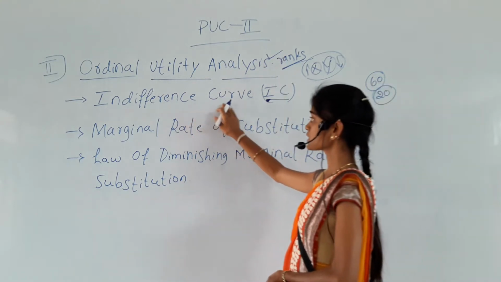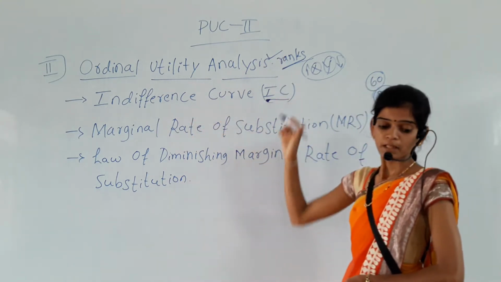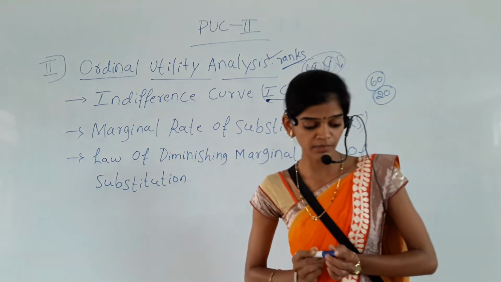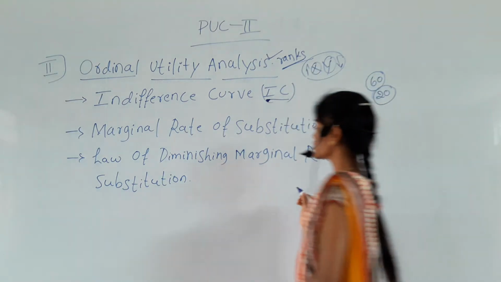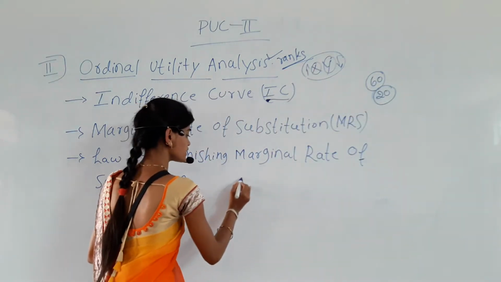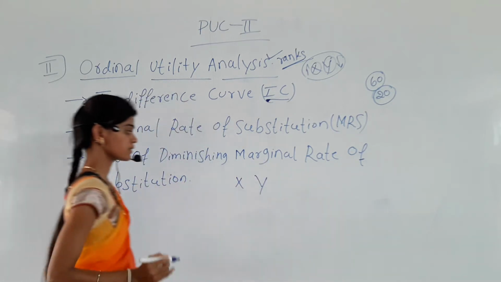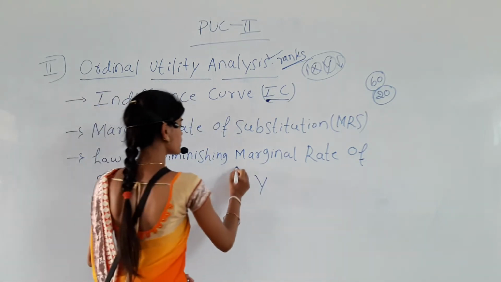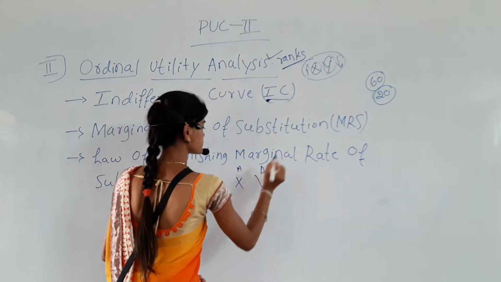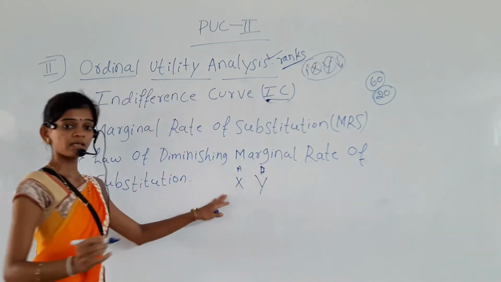Next, the indifference curve is nothing but IC. So what is IC? Indifference curve. For example, here one consumer is using X and Y commodities, X and Y, or apple and banana.